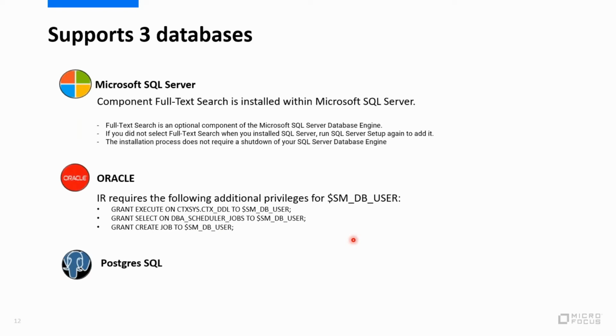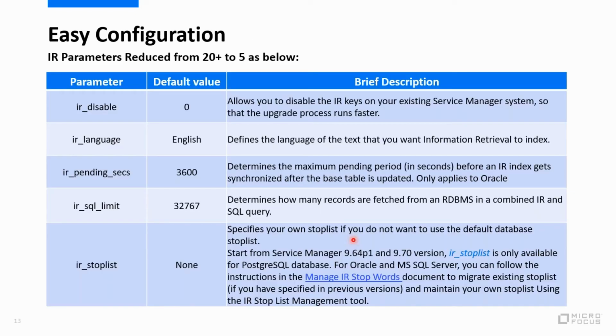With the new IR solution, we reduced the IR parameters from more than 20 to 5, as in the table below. The IR disable parameter is used to control whether you want to use IR expert or not. IR language: the default value is English.